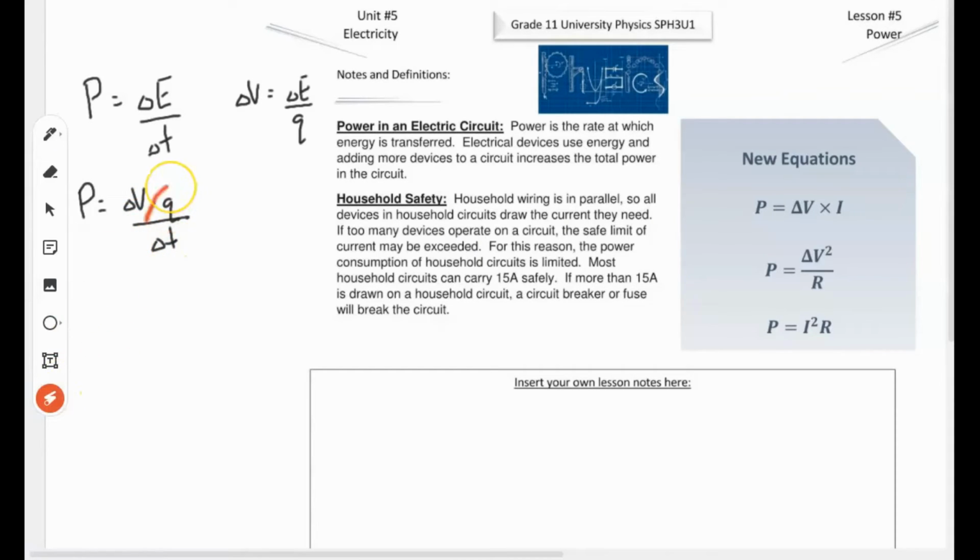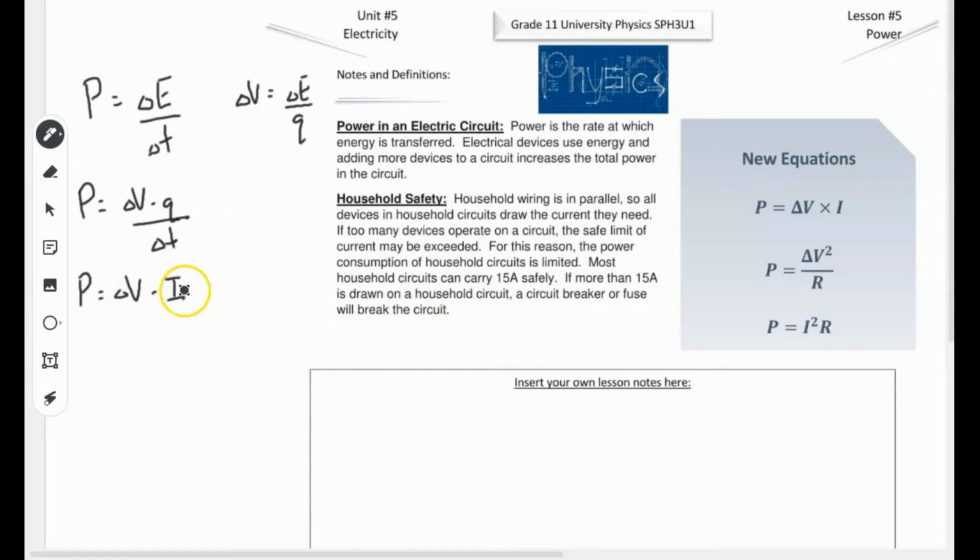But if you look right here, charge over time, that's the definition for current. Current is the amount of charge that passes some cross-sectional area in time t. So I can replace this with current, and we get power equals potential difference or voltage times current.